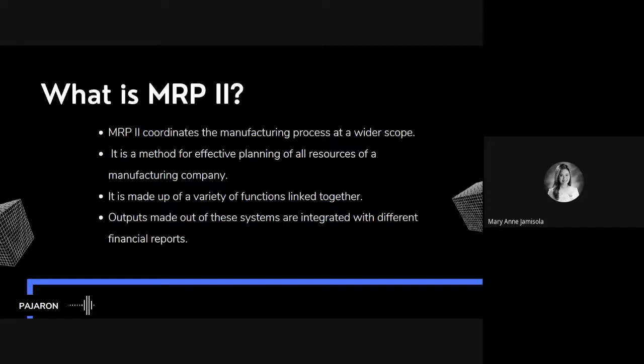The output from the system MRP2 is integrated with financial outputs such as the business plan, purchase commitment report, shipping budget, inventory projections, etc. So this is MRP2, which coordinates the manufacturing process at a wider scope. Okay, it is wider or broader as compared to MRP1.